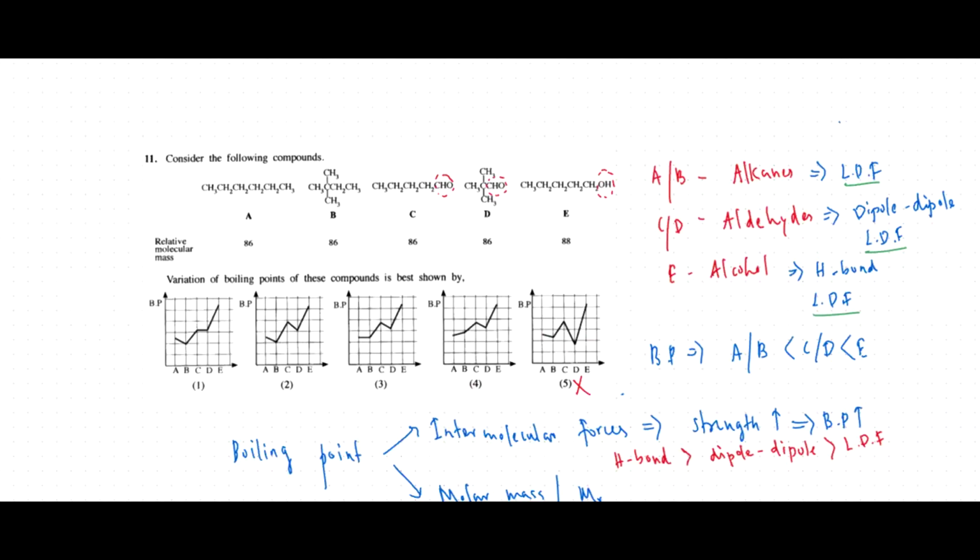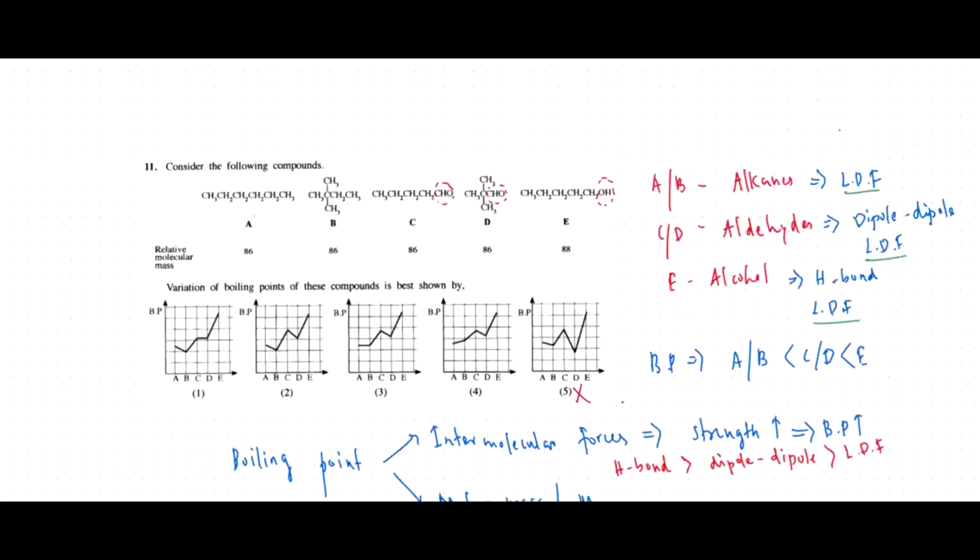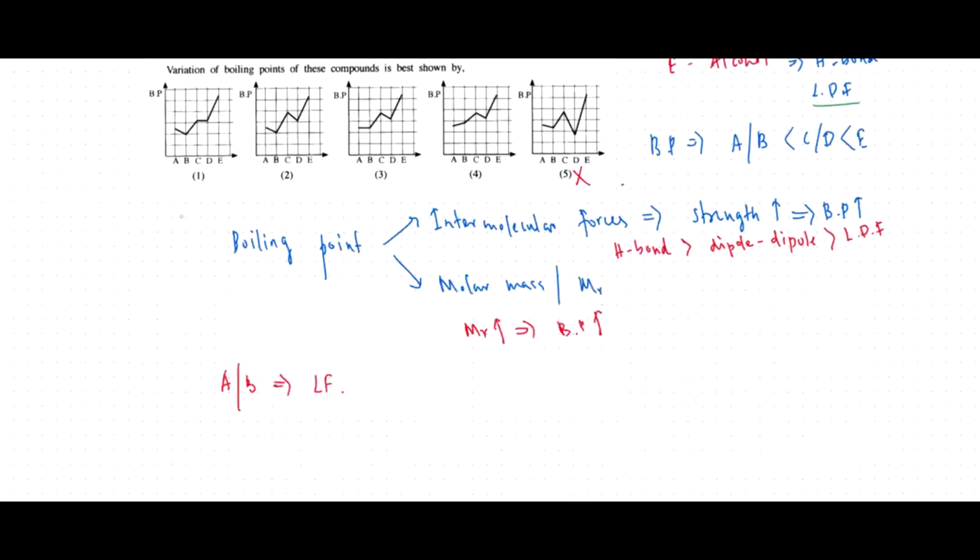So now let's compare A and B. So in A and B, only London force is present. And the difference between A and B is that B is branched and A is unbranched. So when molecules are branched, their surface area decreases.